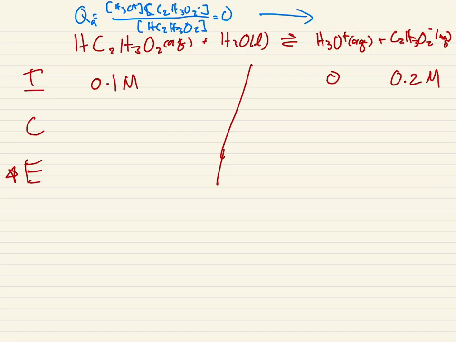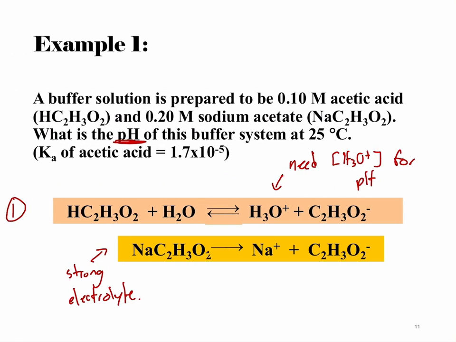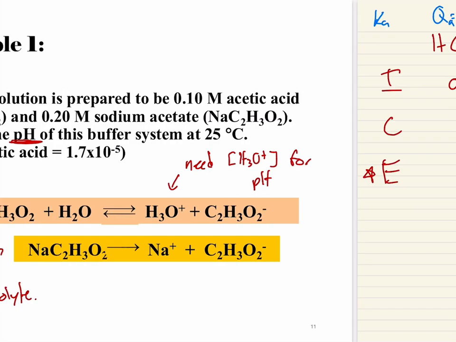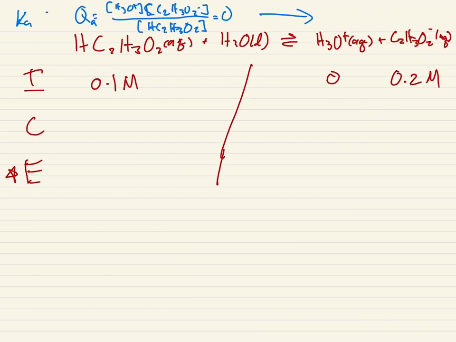Our equilibrium ratio should be what? 1.7 times 10 to the minus 5, right? So is that larger than 0? It's very small, but it's still greater than 0, which means that Ka is greater than Qa, so we're going to move towards the products in this reaction, right? So that's how you do it.